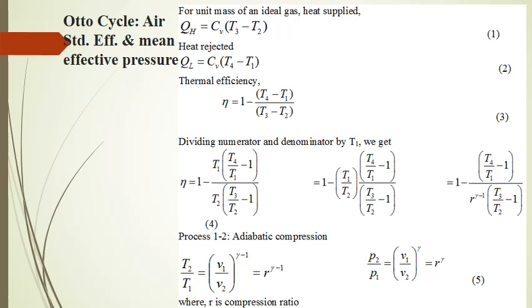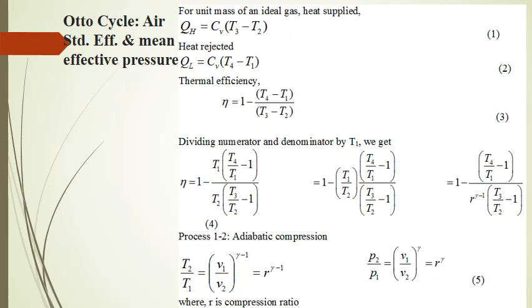So our expression becomes as shown in equation 3. As we take T1 common in the numerator and T2 common from the denominator, our expression becomes as shown in equation number 4. Now we discuss all the processes one by one.